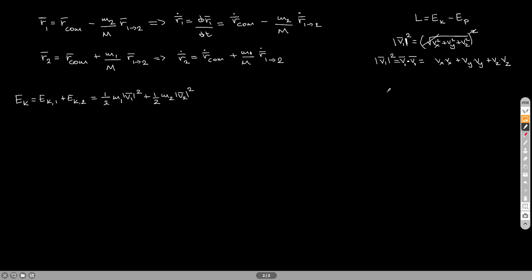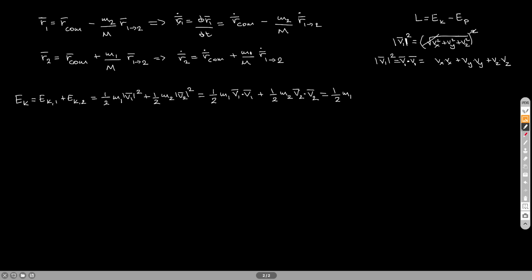Okay. Now I'm gonna use that property of vectors here, so I will have 1/2 m1 v1 dot product with v1 plus 1/2 m2 v2 dot v2, and I'm moving on. 1/2 m1.